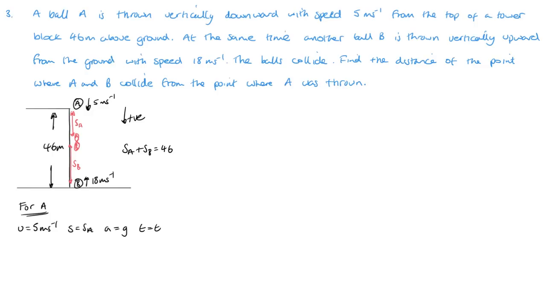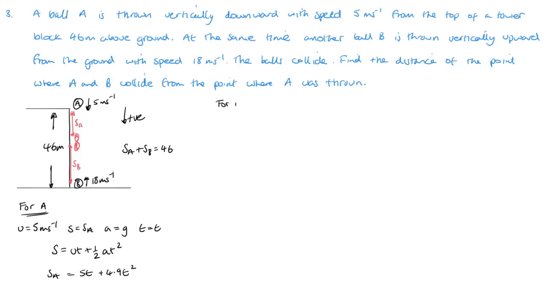And again, I can substitute in this then to find out what SA is. That's my a. So I want a formula with s, u, a and t in it, and that is s equals ut plus half at squared. So that's SA equals 5t plus 4.9t squared.